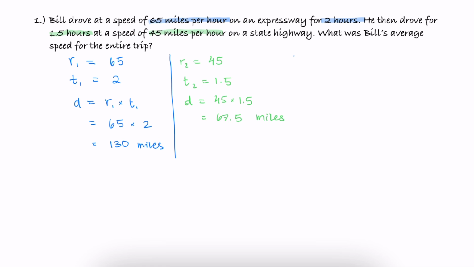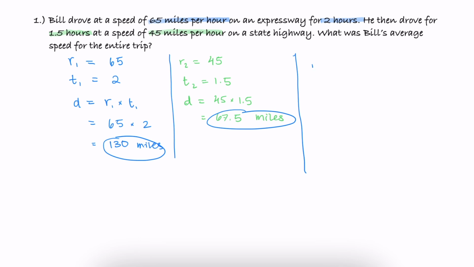Now from this, we can find out the average speed. So how? Well, because we have this and this, we can add these two distances up, 130 plus 67.5. That's total distance divided by total time. So this 2 hours plus this 1.5 hours.